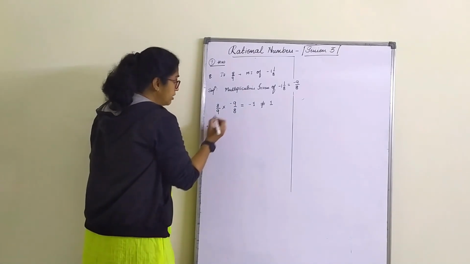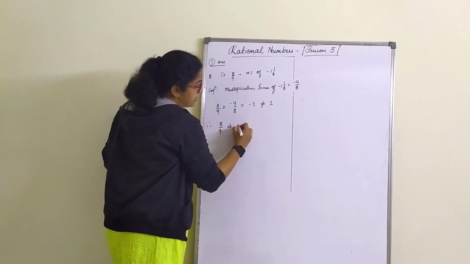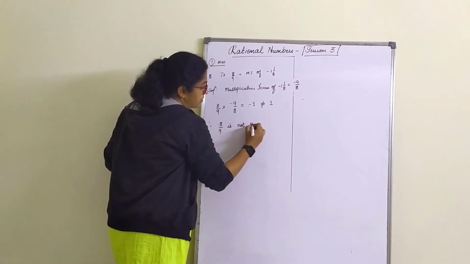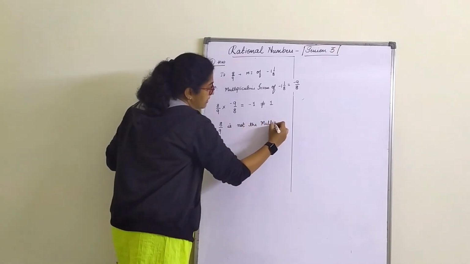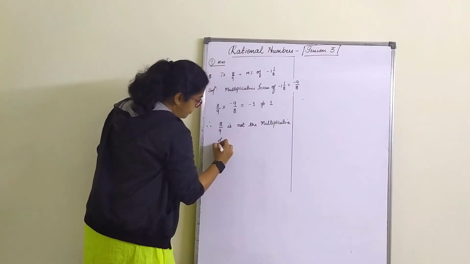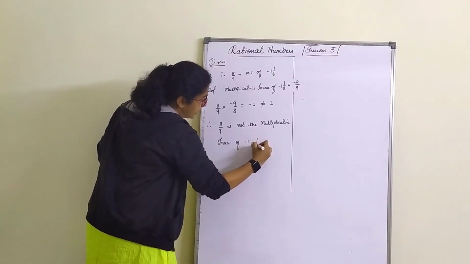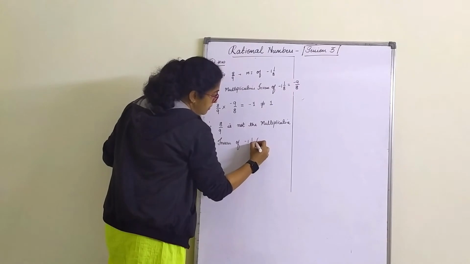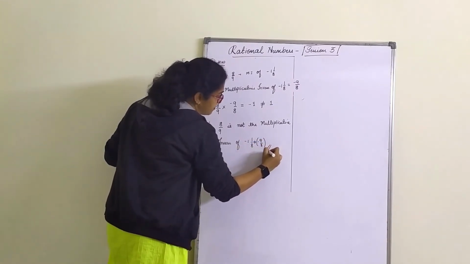Therefore, the conclusion: 8 by 9 is not the multiplicative inverse of minus 1 by 8, that is nothing but minus 9 by 8. That's the answer.